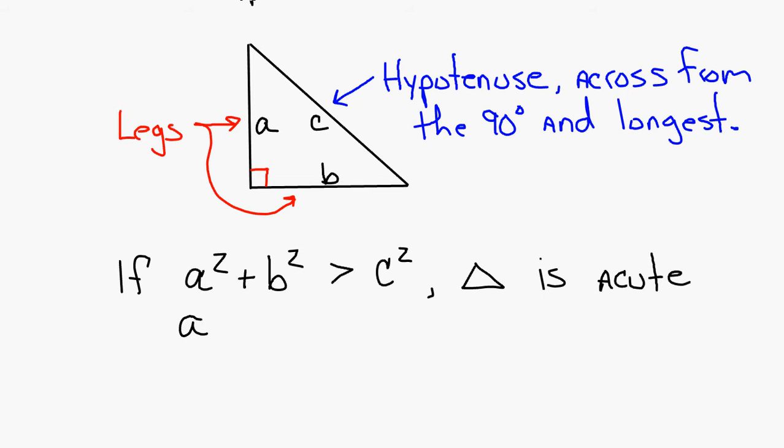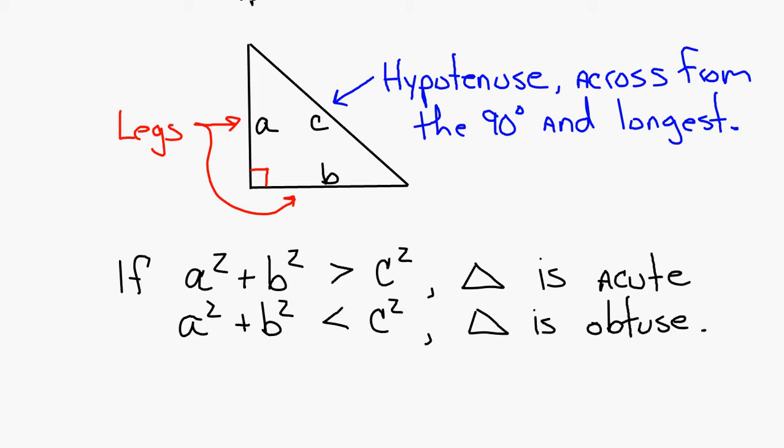And if a squared plus b squared is less than c squared, the triangle is obtuse. So you'll be using the Pythagorean theorem and this inequalities theorem today to find the third side of a right triangle. You can also use these two inequality theorems to determine if the triangle is a right triangle, and if it's not, whether it's an acute triangle or an obtuse triangle without looking at a picture of the triangle. Okay?